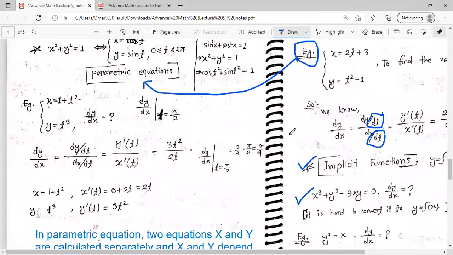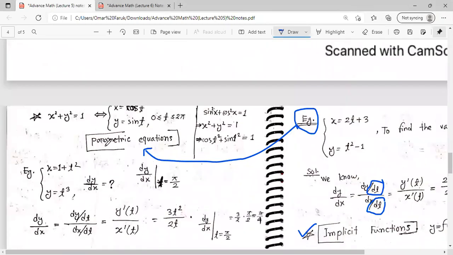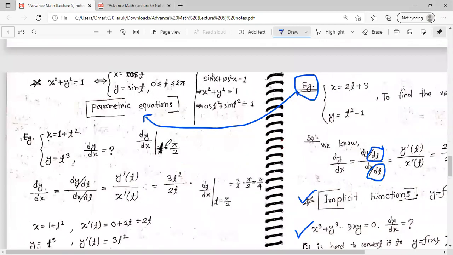So maybe now we can learn parametric equations. Parametric equations are like this: here is a person throwing a ball.